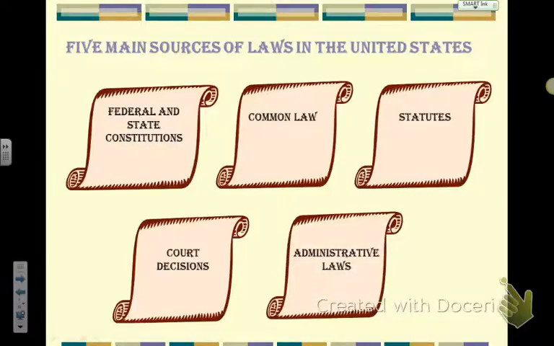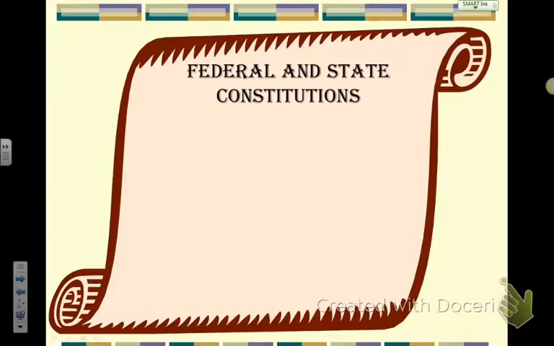And fifth are administrative laws. Good? Okay. So I'm going to explain what each one of these is, one slide at a time. So let's start with federal and state constitutions.